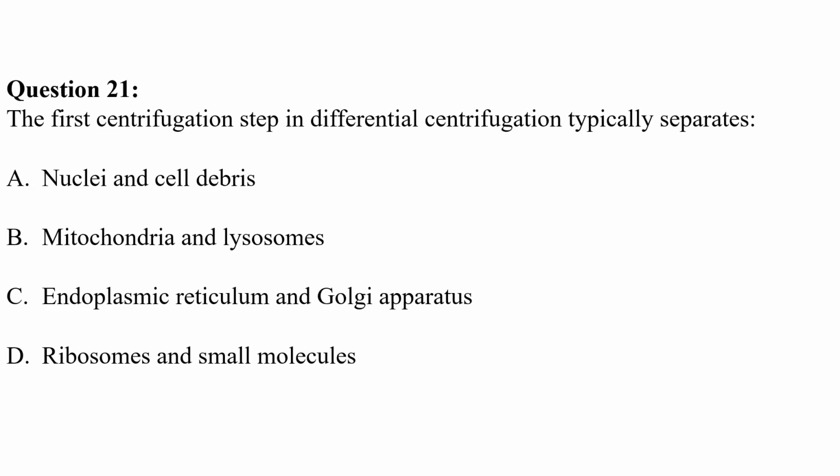Moving on to the next question. The first centrifugation step in differential centrifugation typically separates: option A, nuclei and cell debris; option B, mitochondria and lysosomes; option C, endoplasmic reticulum and Golgi apparatus; and option D, ribosomes and small molecules.